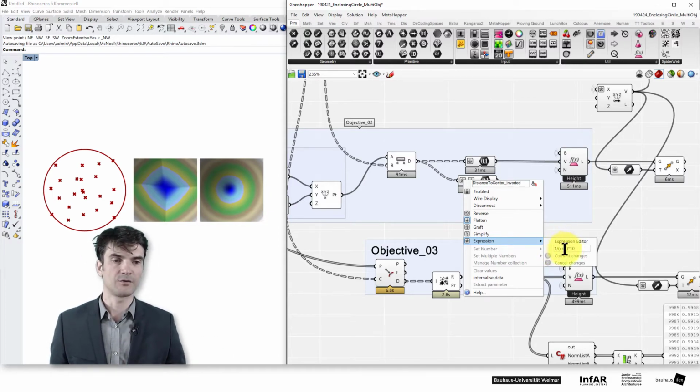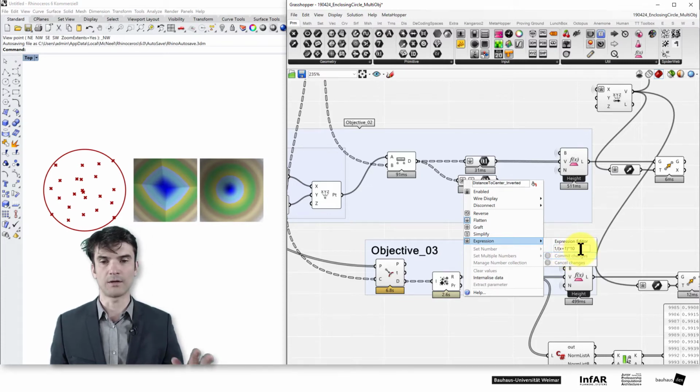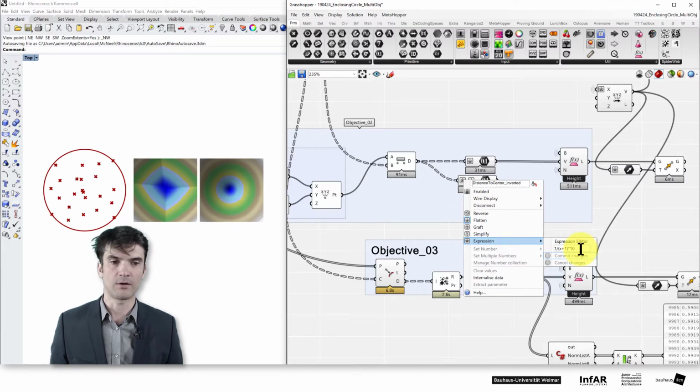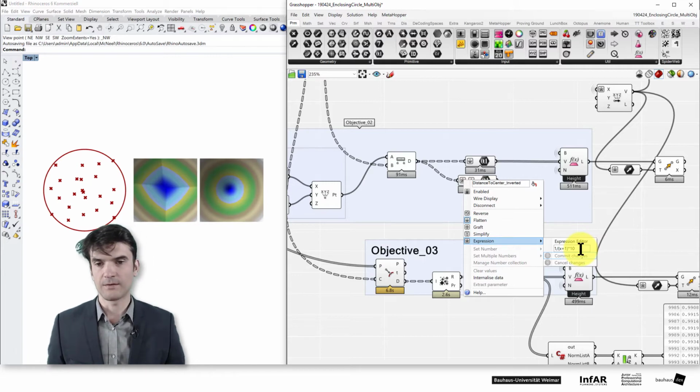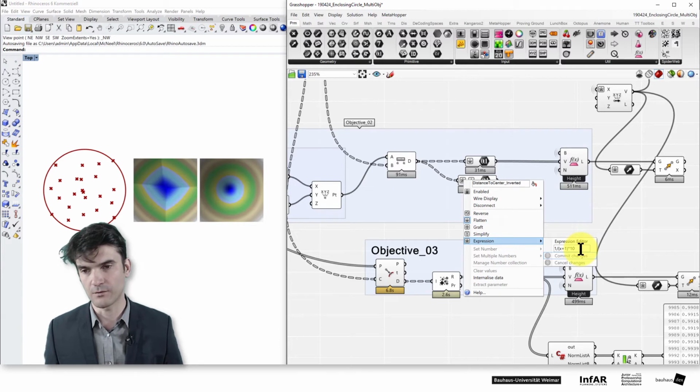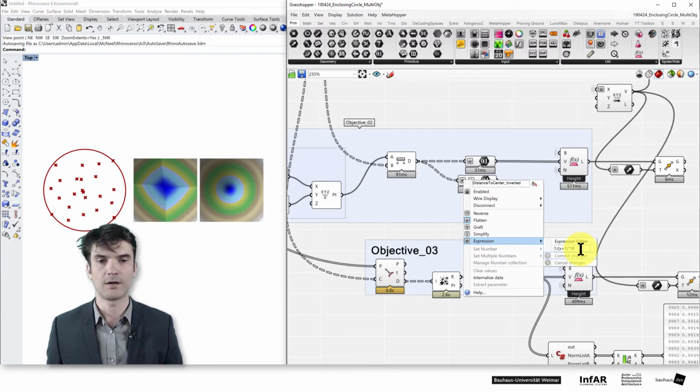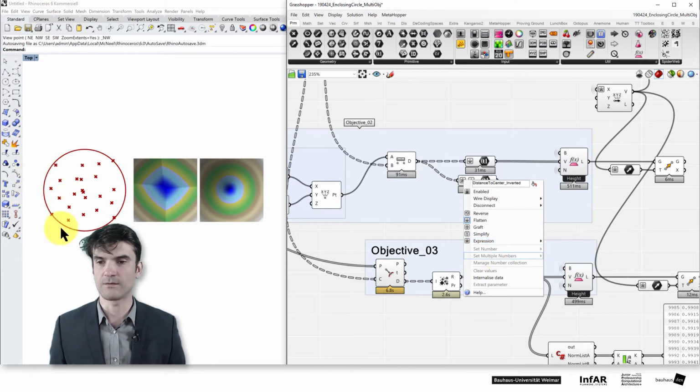And here usually we add a value like 1 to avoid a division by 0, just in case our fitness value is 0, which would be if the distance of our center point would be 0 to the distance of the middle point of the point cloud.